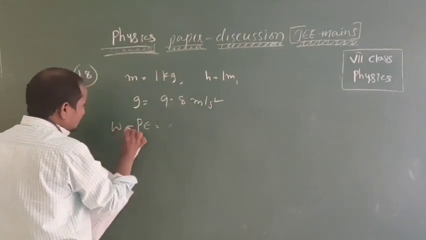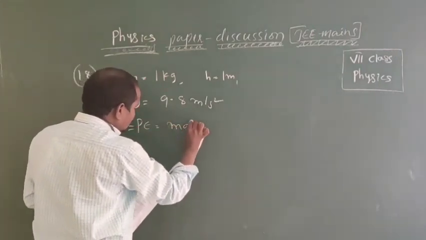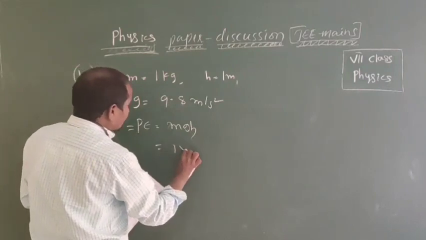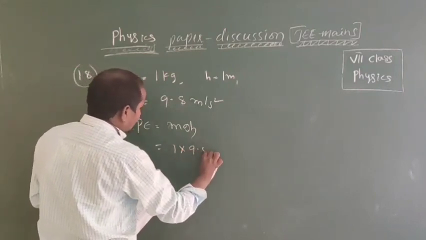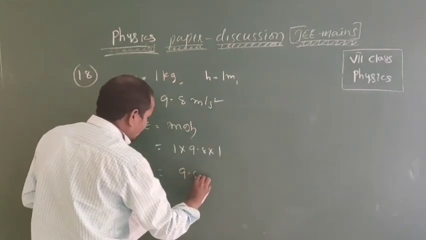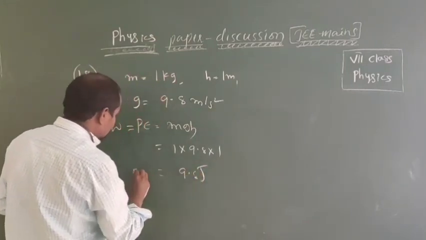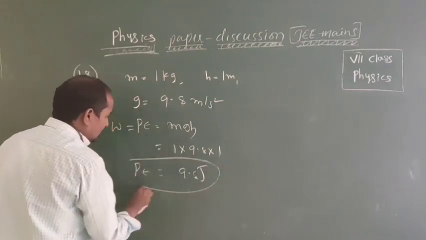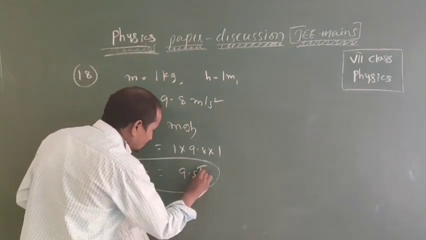So your potential energy is equal to mgh. M equal to 1 kg, g equal to 9.8 and h equal to 1, that equals 9.8 joules.